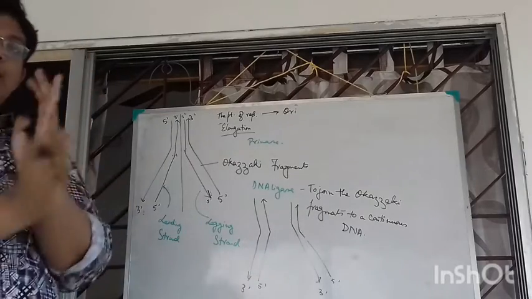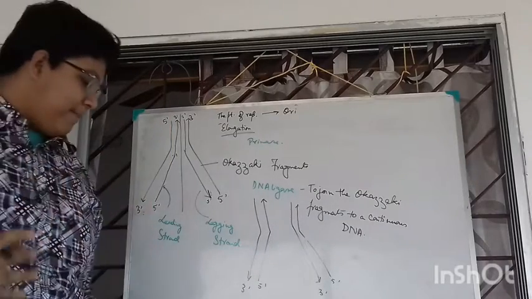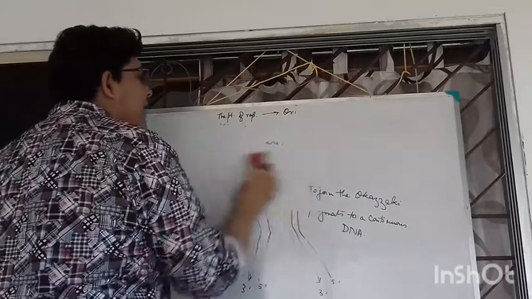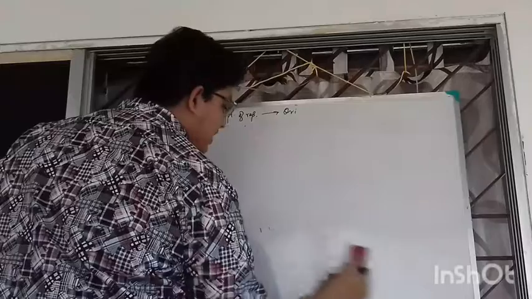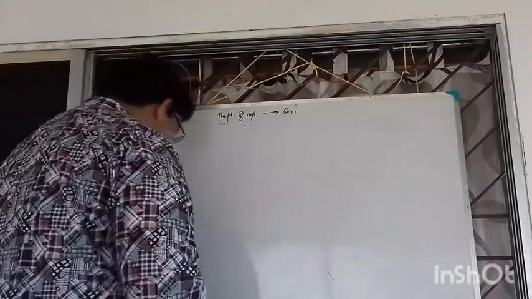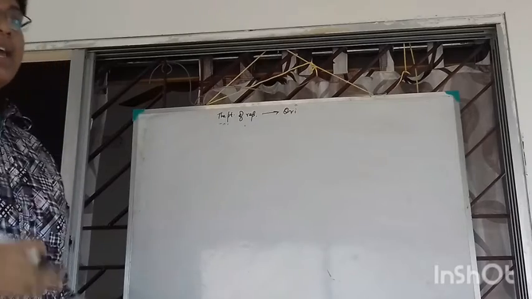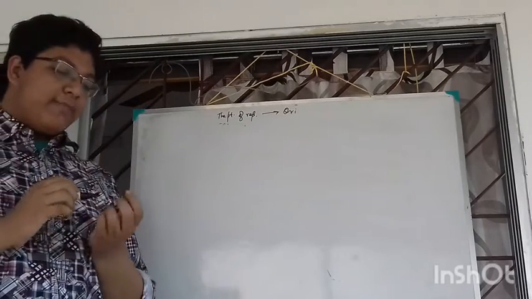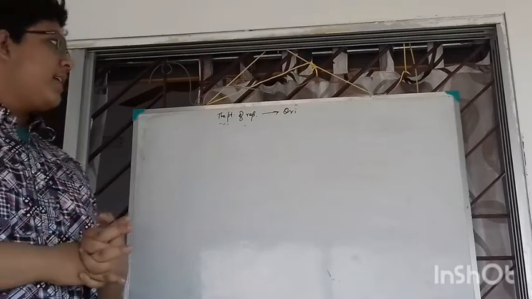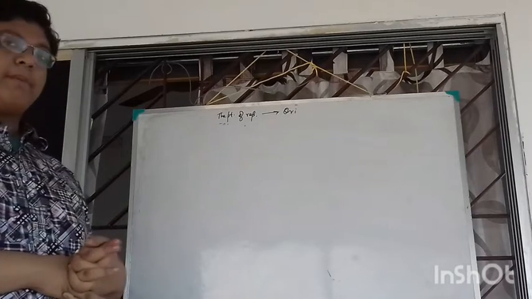So what happens? Initially the DNA is coiled. From a single coiling, the binding gets separated and they unwind using DNA gyrase and DNA helicase. The unwound strands are maintained by SSBP.